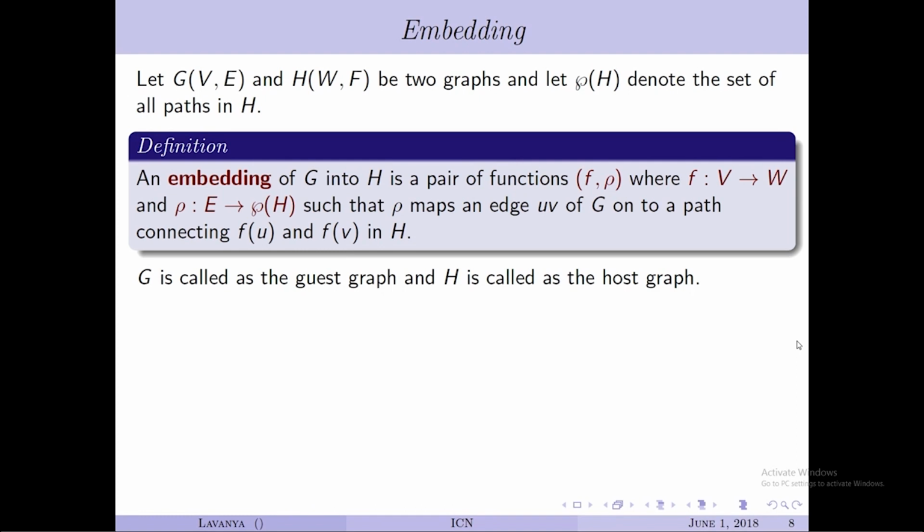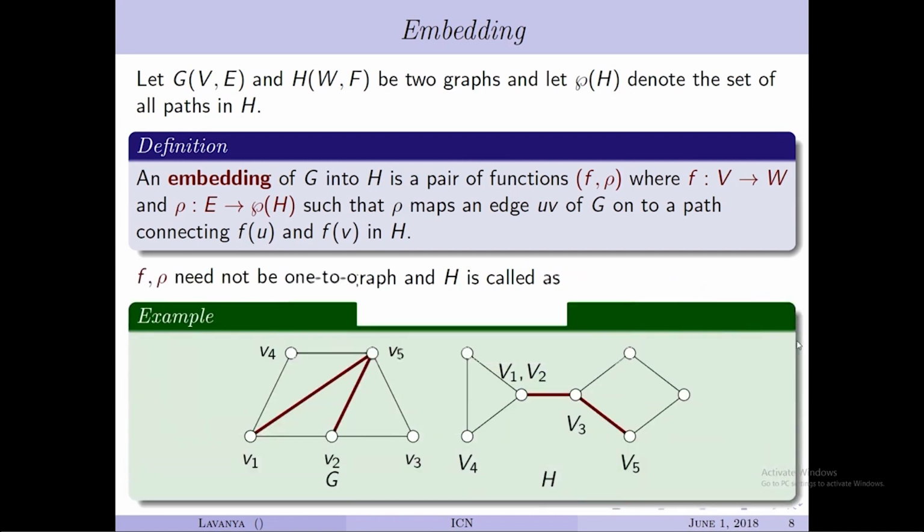So, now translating everything into our graph terminology, my G I do not hereafter call it the algorithmic graph, I will just call it the guest graph. I have a guest, I have a host, I want to embed my guest into the host graph. So, in simple language, this is what an embedding is. To give you an example, just consider this G and this H. Okay.